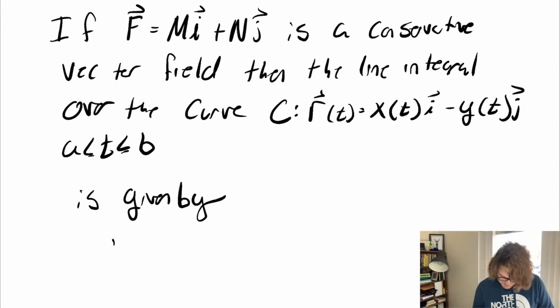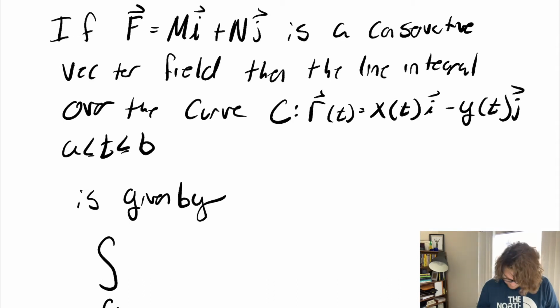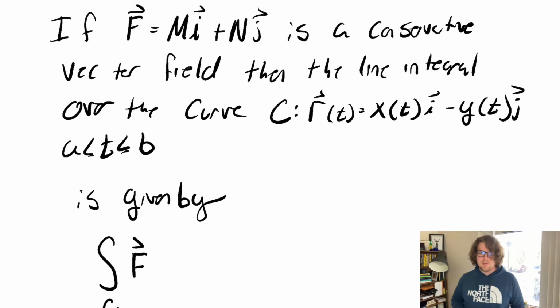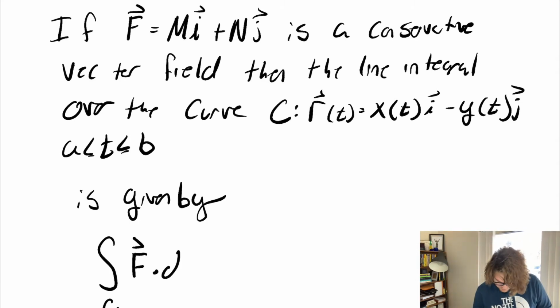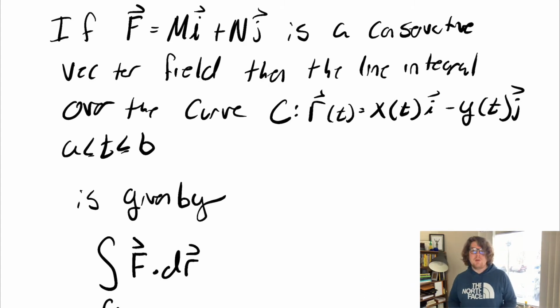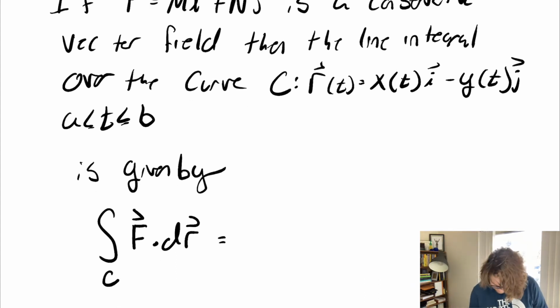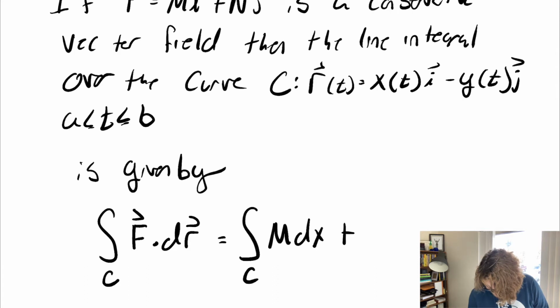right? So we're going to have the integral over our curve of our vector field, F, dotted with dr. And we know that we could also write this as the integral over our curve of M dx plus N dy.